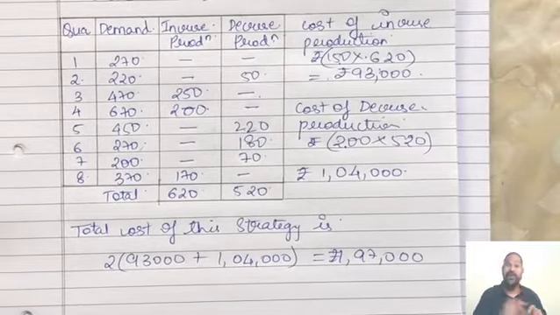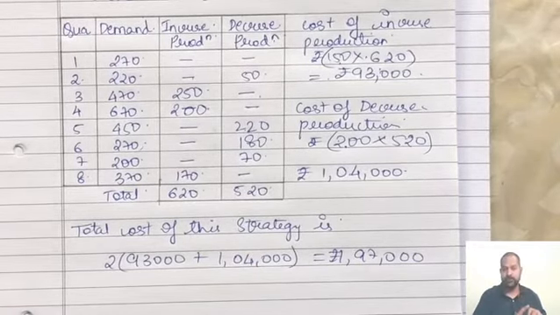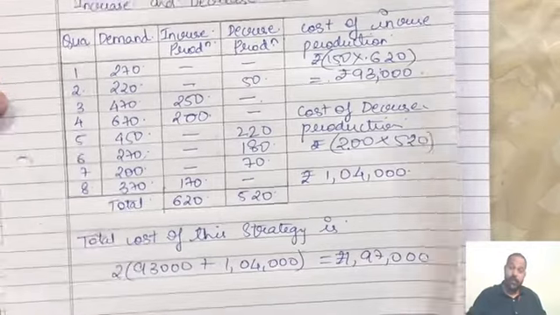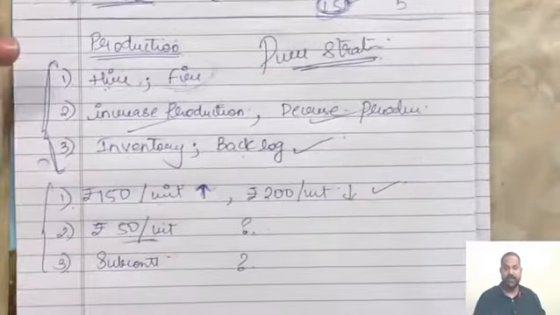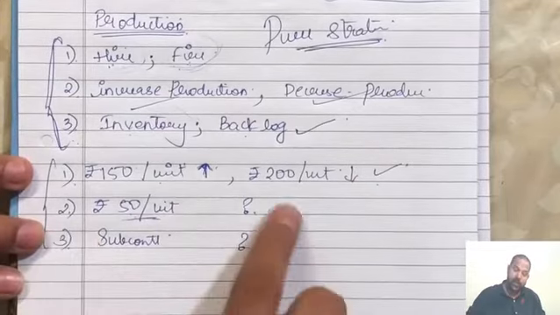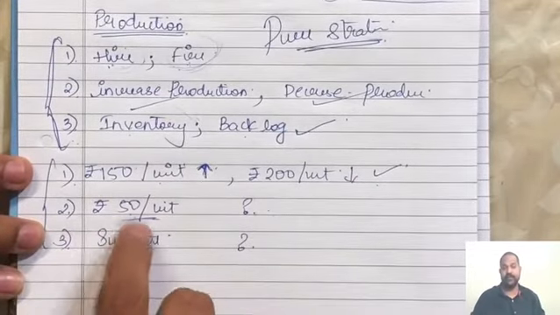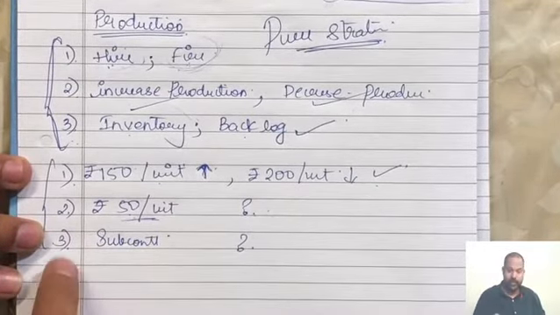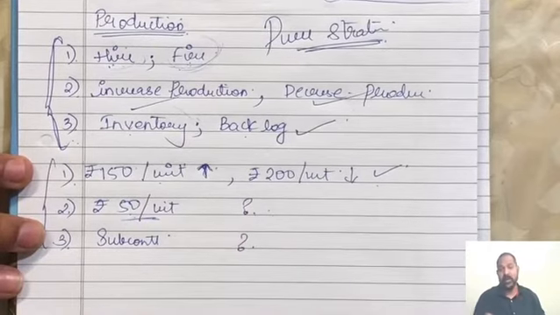If I am allowed to increase production, I should be allowed to decrease production. We come to the next strategy, and that is, I should be allowed to carry inventory. But if I'm allowed to carry inventory, I should be allowed to carry backlog.